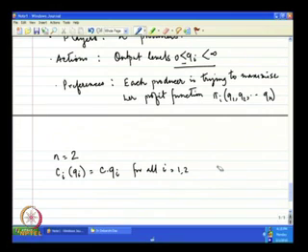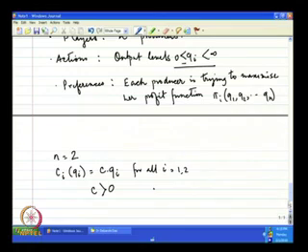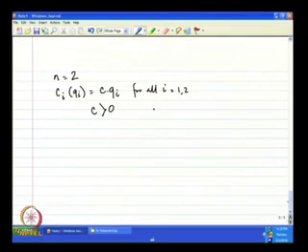So, it basically means that the cost functions for the players are the same, in the sense that they are represented by C, which is a constant. C is a number greater than 0, and the total cost is just C multiplied by the quantity that they are producing.